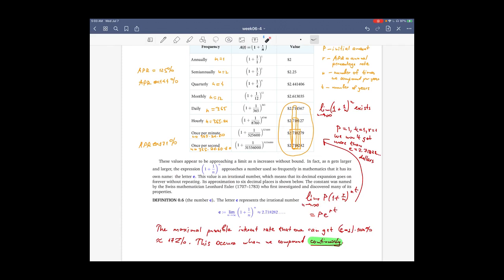If you invest an initial amount of P and the annual percentage rate is r, no matter how frequently your bank compounds your interest, you will not earn more than this: P times e to the power rt.